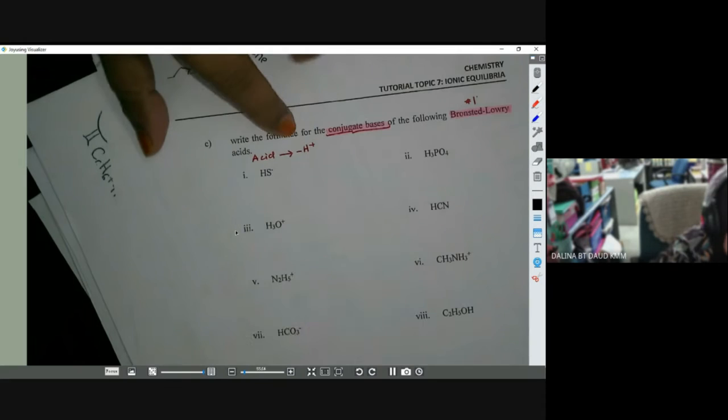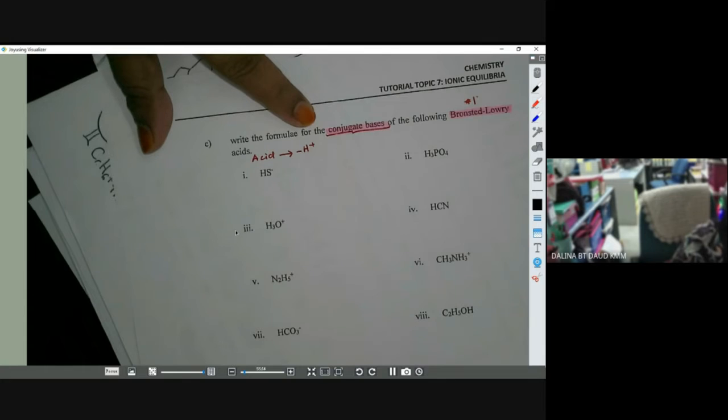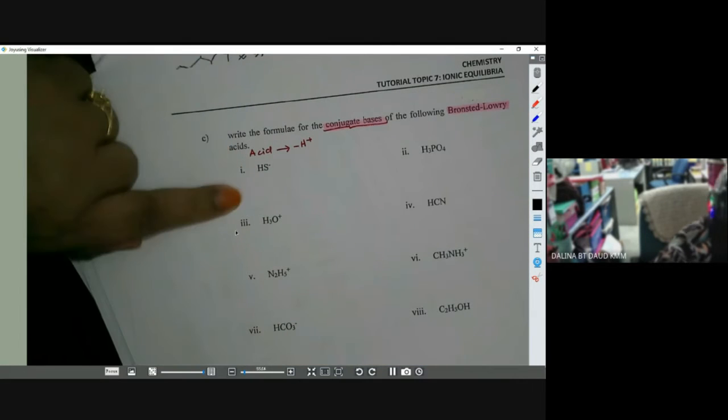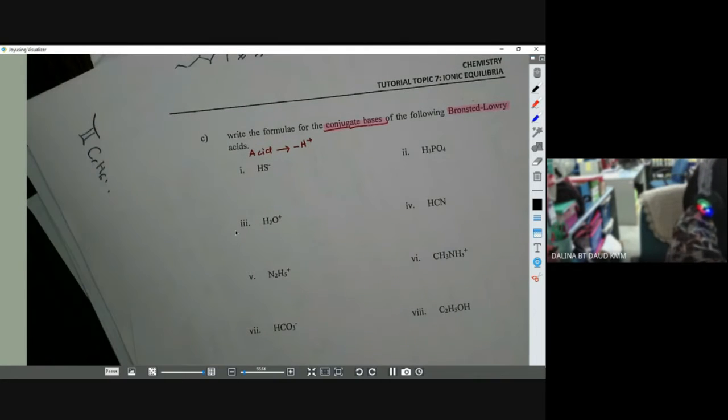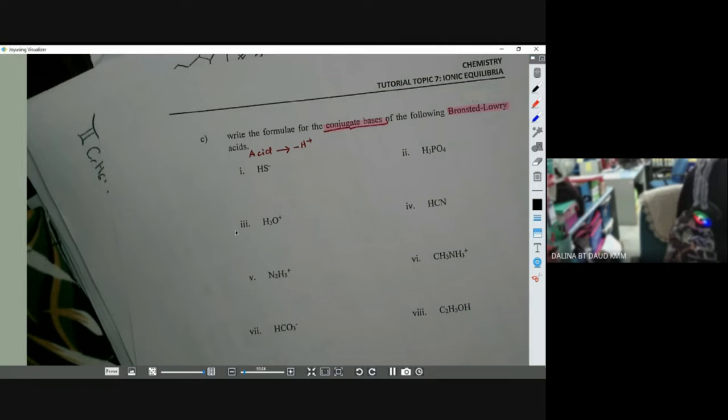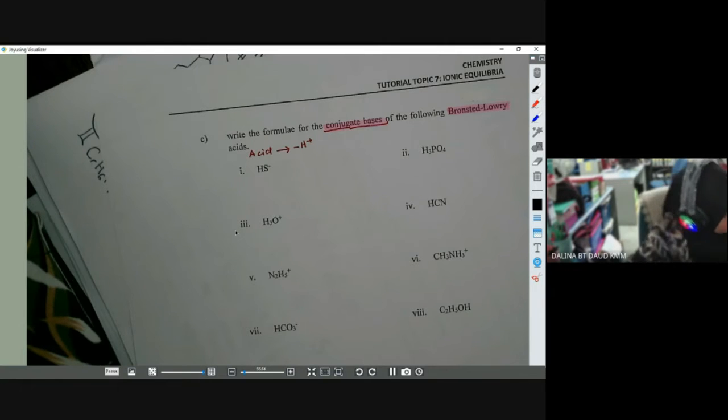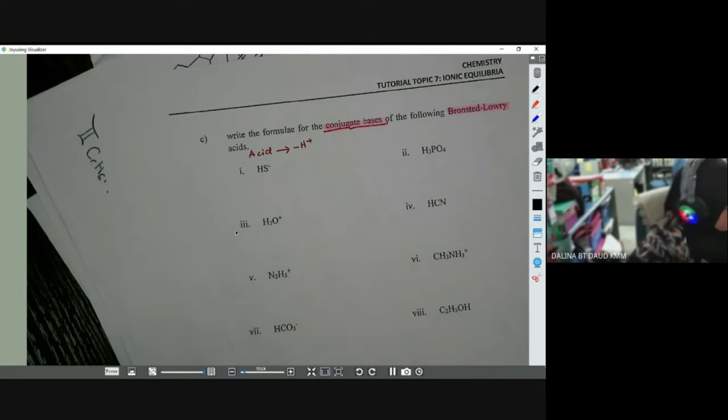So dia nak formula untuk conjugate base. Okay, so kita tahu dia buang H plus. Okay, tengok produk yang pertama. HS. So dia buang H, dia akan jadi apa?